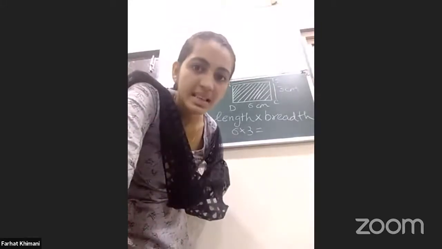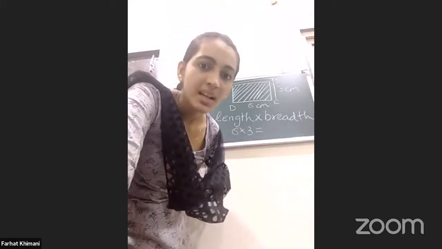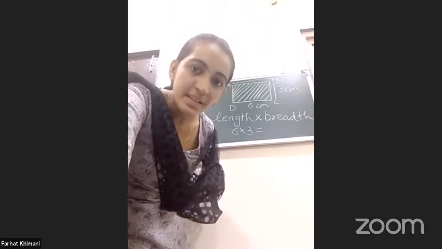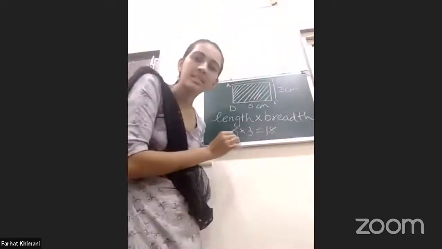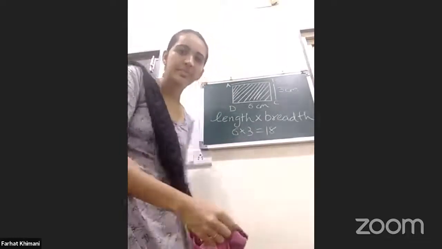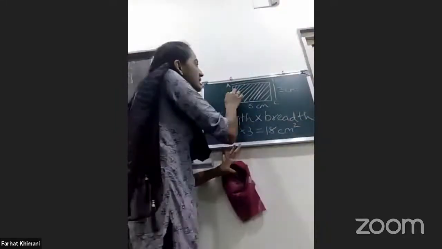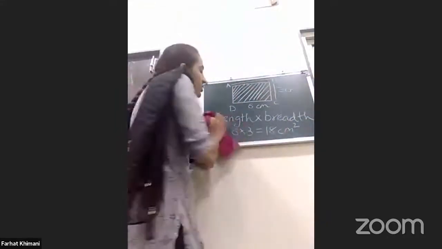6 ones are 6, 6 twos are 12, and 6 threes are 18. So 6 multiplied by 3 is 18 centimeter square. So this is the area of this rectangle. So now we have the formulas for area.